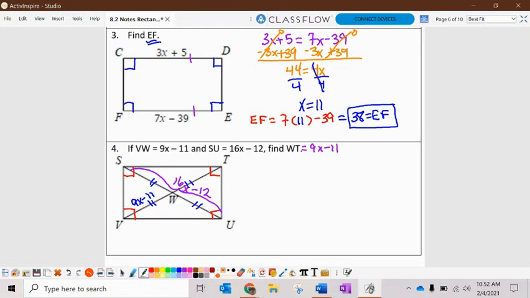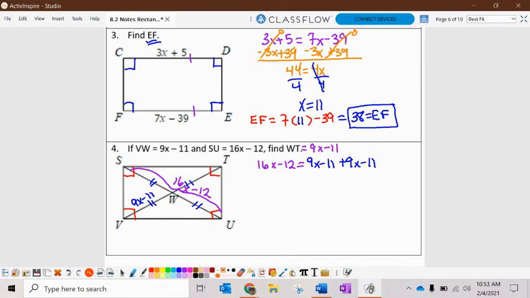So let's see if we can come up with an equation that's true that'll let us solve for x. Well, the first one I think of is that whole diagonal, 16x minus 12, is made up of 2 of the little pieces. In other words, it equals 9x minus 11 plus another 9x minus 11. If you wanted to say 2 times 9x minus 11, that would be the same.